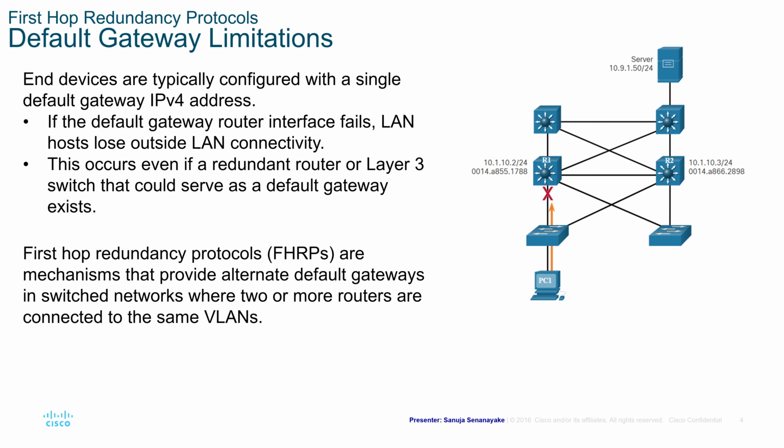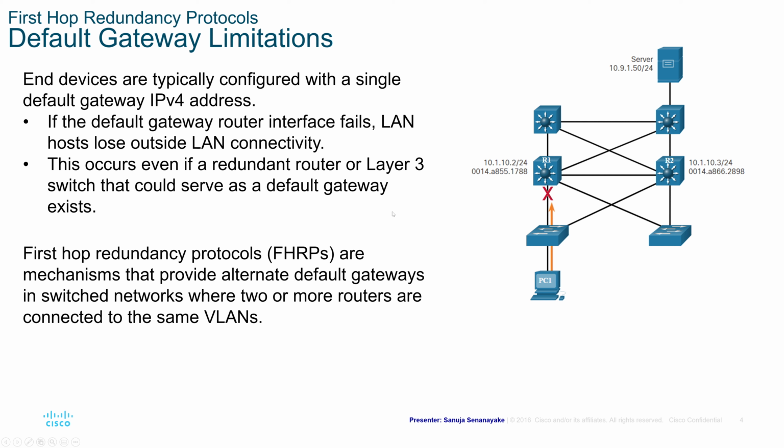First hop redundancy protocols, FHRPs, are mechanisms that provide alternate default gateways in switch networks where 2 or more routers are connected to the same VLANs. So the primary purpose of FHRP is to provide alternate default gateways in switch networks where 2 or more routers are connected to the same VLANs.